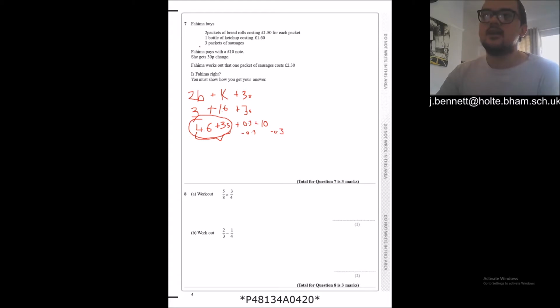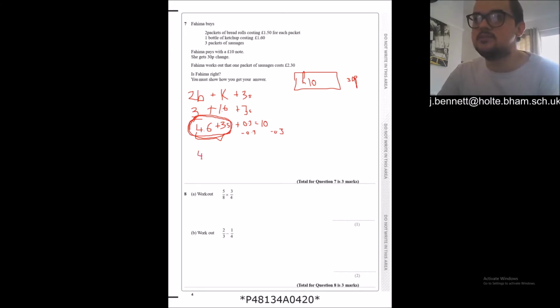Like it says, Fatima paid with a £10 note, and she's been given 30p in change. So the total is £9.70. So this here comes to £9.70.